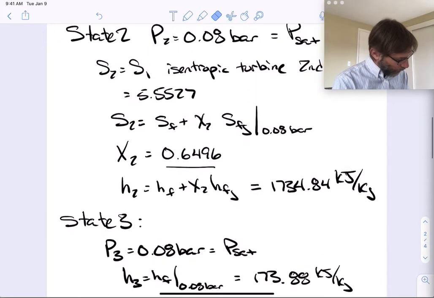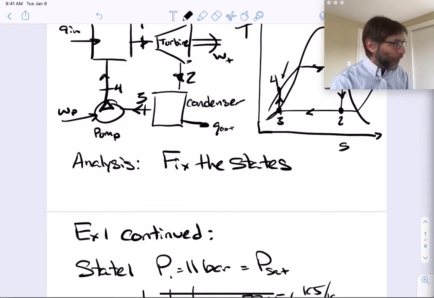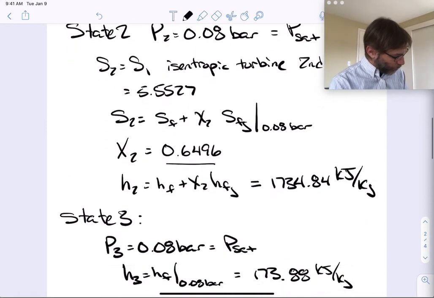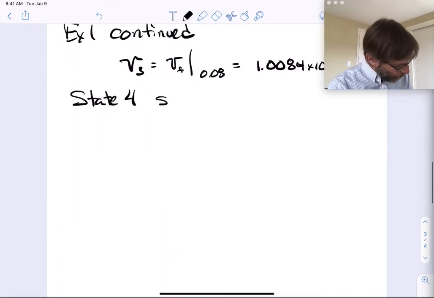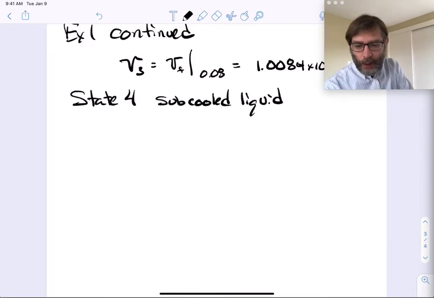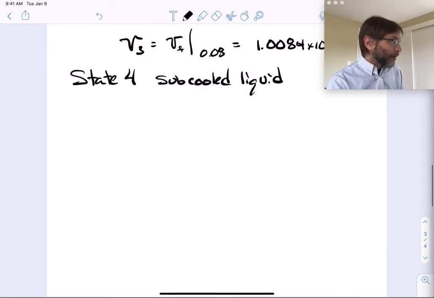If we look here at where state 4 is, state 4 is somewhere up here in the liquid phase, subcooled liquid. We'll just say subcooled. Definitely, you want to pump subcooled liquid, right? You don't want to pump a vapor. That would be bad.